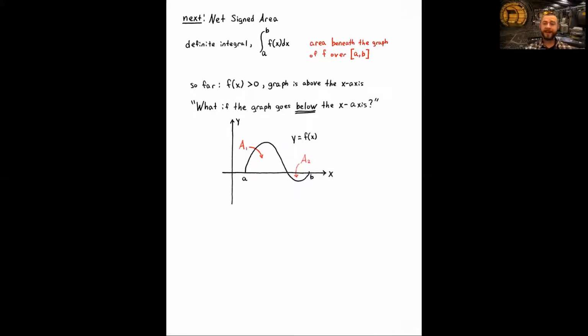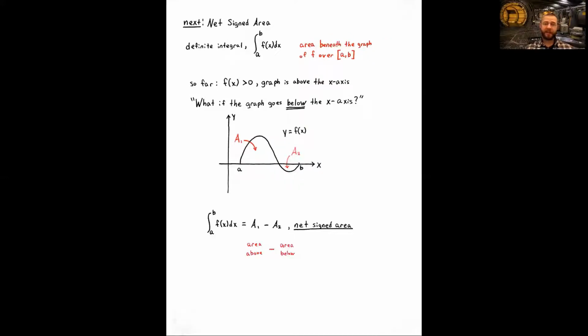And we're going to define the net signed area as the general answer to how we'll interpret the definite integral. Earlier, we said the definite integral represented the exact area between the graph and the x-axis. And at the time, the functions and their graphs that we looked at were entirely above the x-axis.